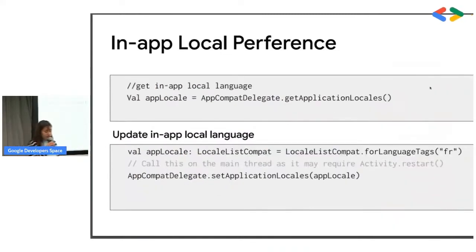And you can use the new API called AppCompatDelegate setApplicationLocales. Basically, this sets the in-app language for your app. Then you can call the getApplicationLocales API to know your application's locale language.